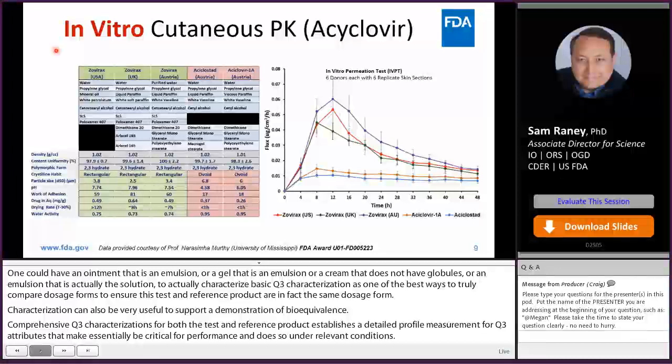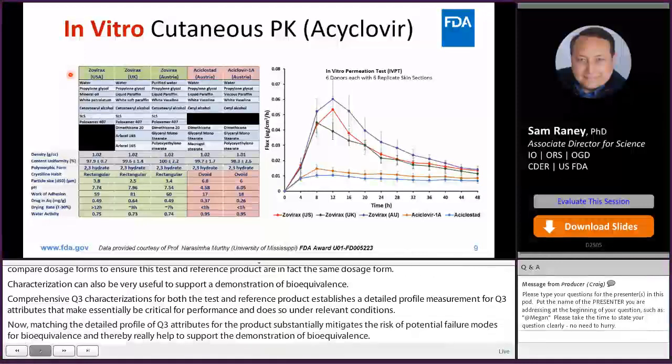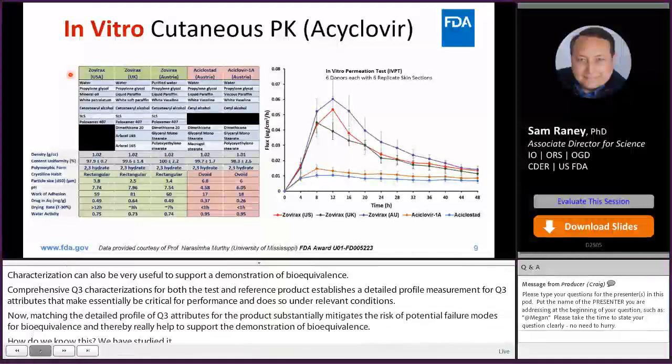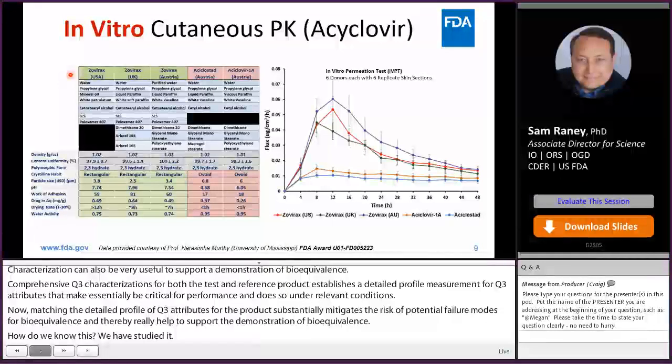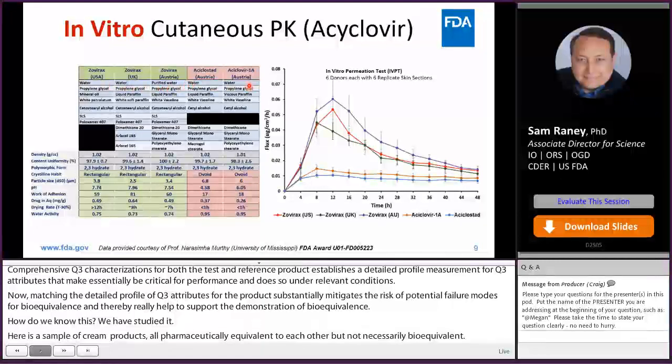Well, we've studied it. Here's a set of acyclovir cream products, all pharmaceutically equivalent to each other, but not necessarily bioequivalent. 3 of them are the reference branded product sold in different regions of the world, and 2 are Austrian hybrid or generic products that literature has suggested may have a different bioavailability than the reference products.